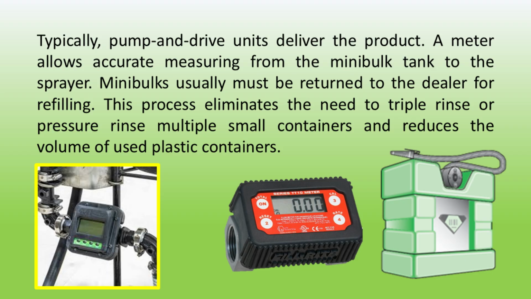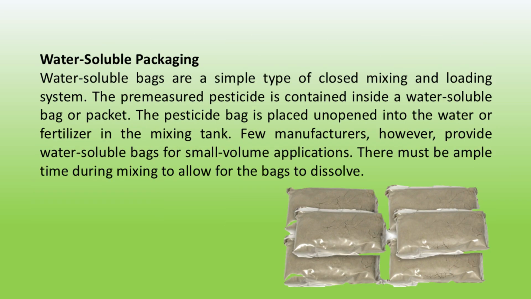Mini bulks usually must be returned to the dealer for refilling. This process eliminates the need to triple rinse or pressure rinse multiple small containers and reduces the volume of used plastic containers. Let's talk about water-soluble packaging.